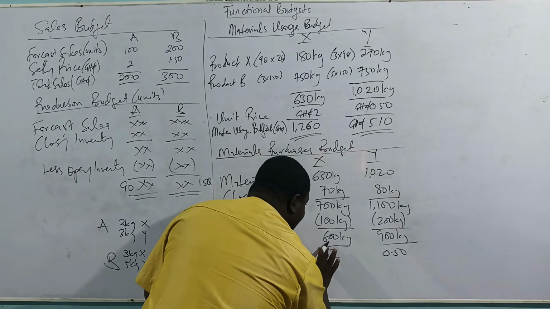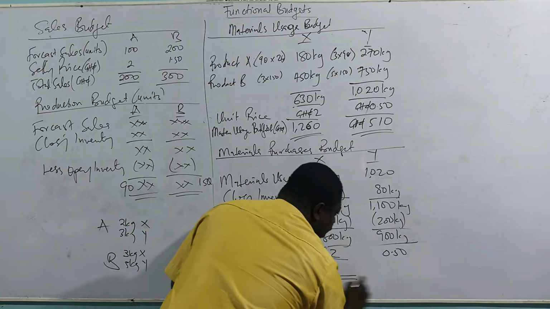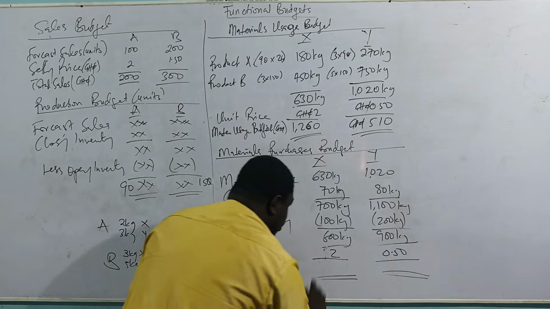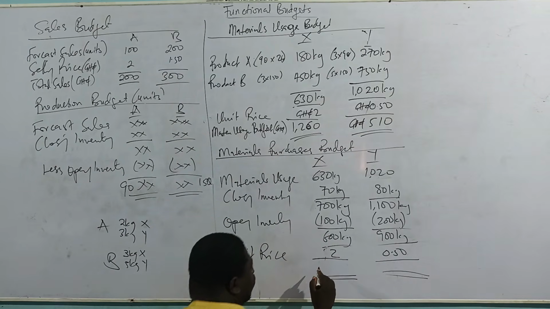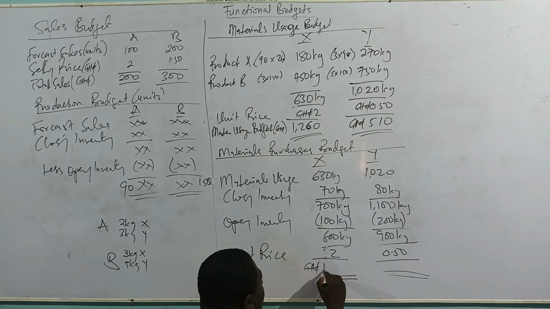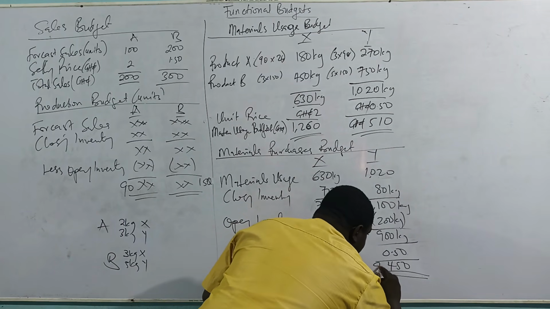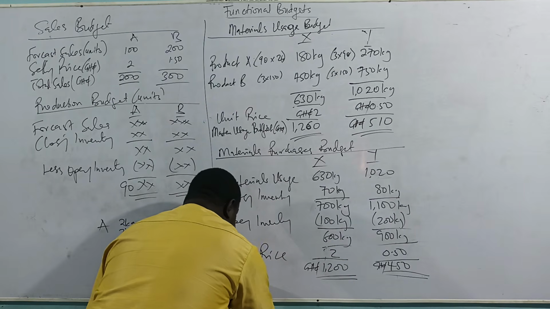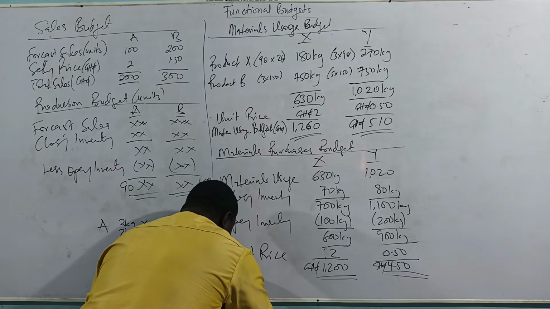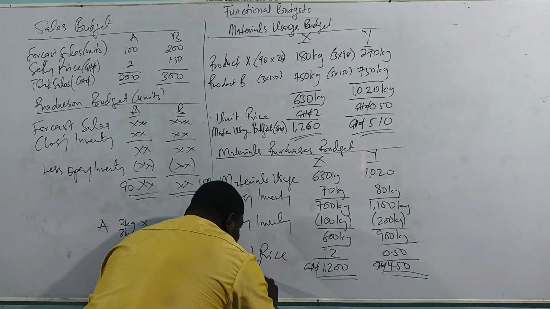So when we multiply, it gives us 1,200 Ghana cedis and then 450 Ghana cedis as our material purchases in value.